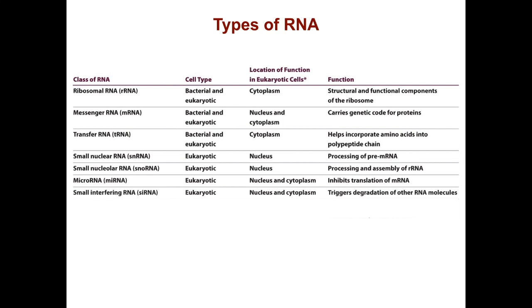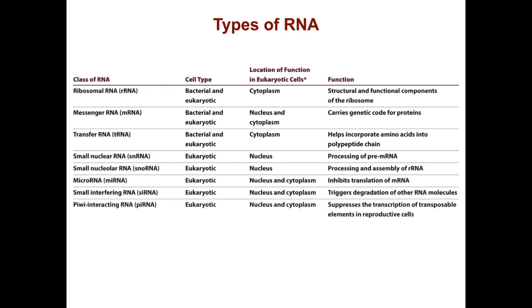Small interfering RNAs, siRNAs, are in eukaryotic cells, and they function in both the nucleus and the cytoplasm, and they trigger the degradation of other RNA molecules. Piwi-interacting RNAs, piRNAs, function in eukaryotic cells to suppress the transcription of transposable elements in reproductive cells, which is in the germline.